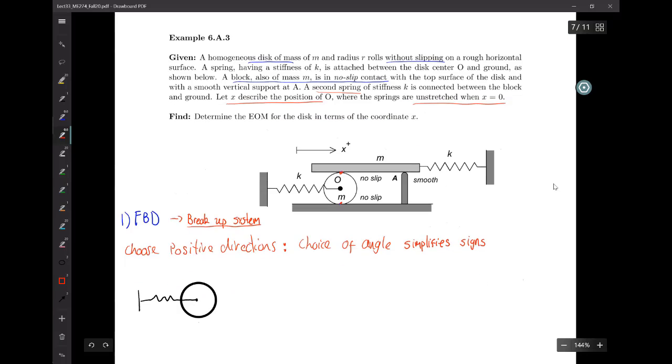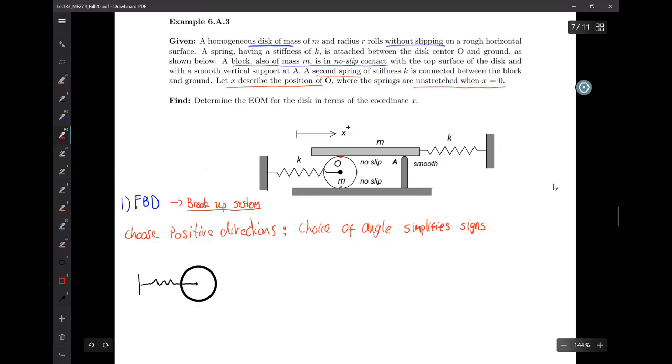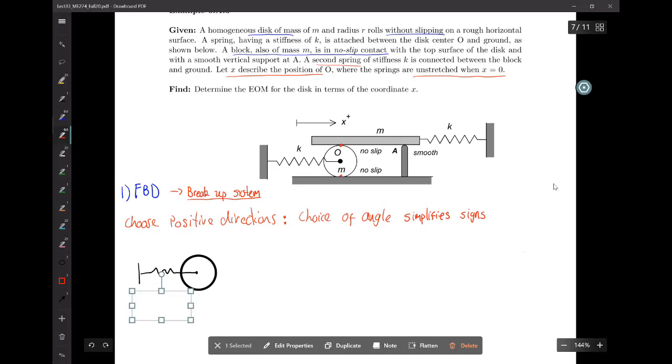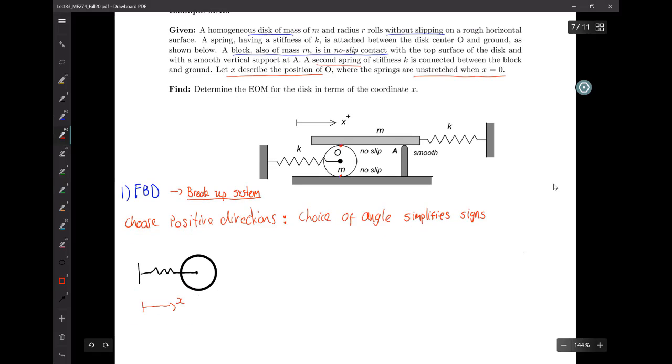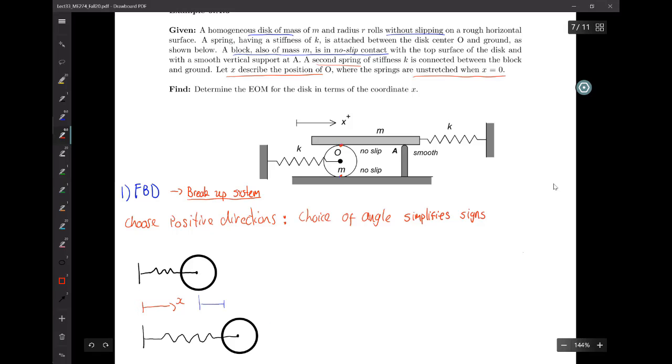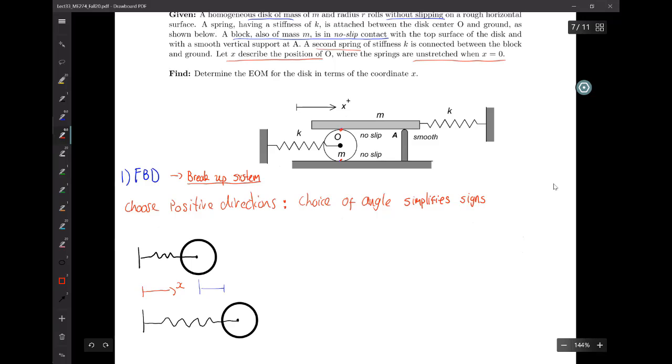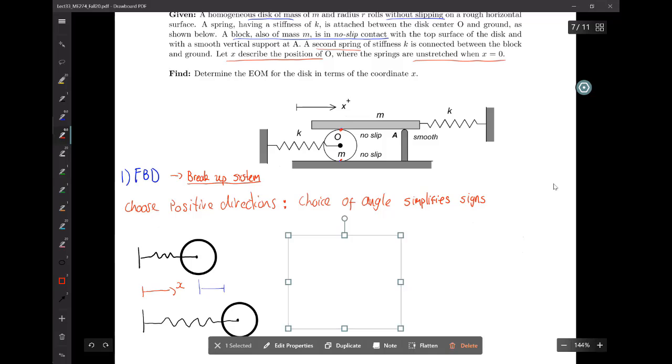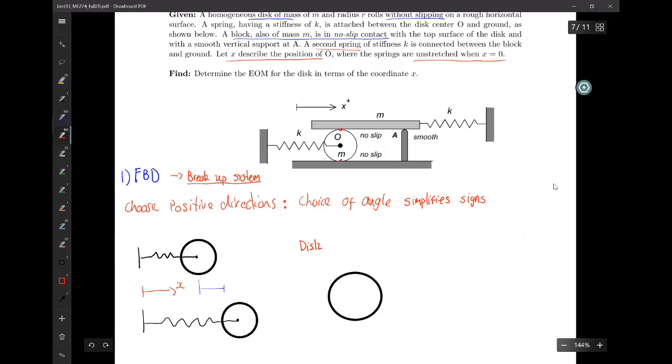Okay, so let's begin by doing our first step. We have our coordinate there, and we're going to displace our first body. And we want to displace it to the right, just because I like tension. So if I look at my disk, how many forces are acting on this disk?